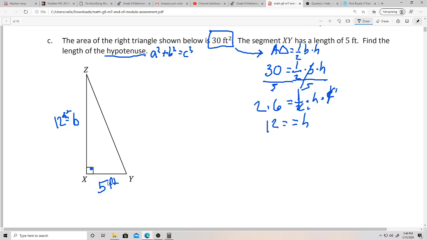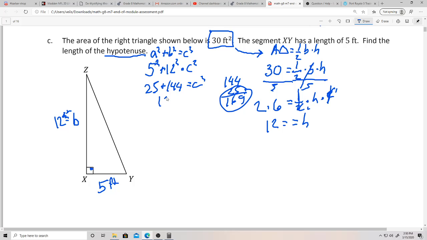So now, look, we're done, pretty much. We now know that 5 squared plus 12 squared equals c squared. We have 25 plus 144 equals c squared, and then we just need to add this together. During test situations, even though you can do it in your head, I would not recommend that.